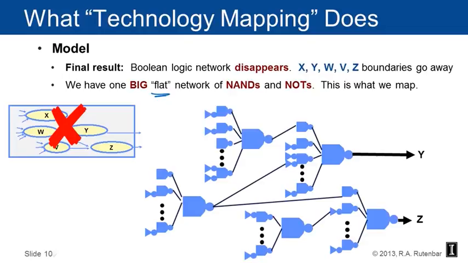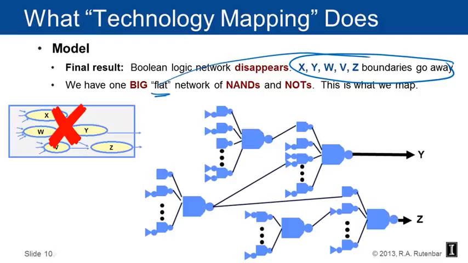This is what you map. What flat means in this context is that the boundaries between the X node, the Y node, the W node, the V node, the Z node, all of those things go away. It's not as though I am restricted to take the gates in my technology library and map them against the insides of every yellow bubble on this diagram.